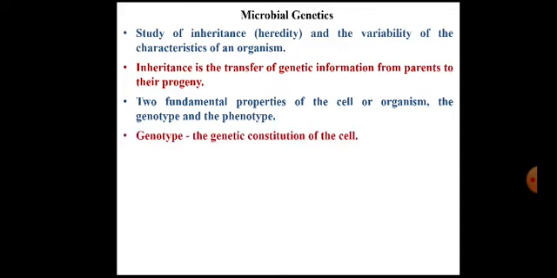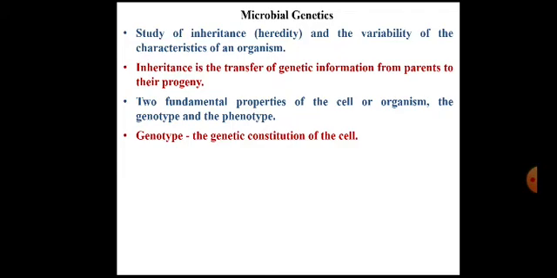What is a genotype? The genetic constitution of the cell is called the genotype. That means the set of genes which are present in an organism is called the genotype. In a bacterial cell, there is a double-stranded covalently closed circular DNA, and that DNA contains several genes.